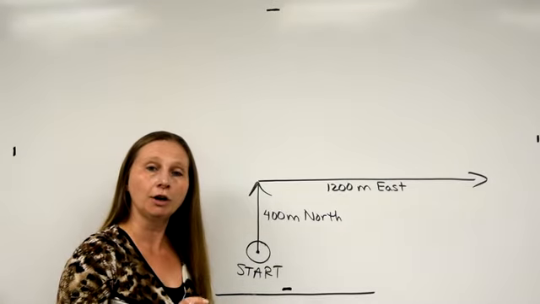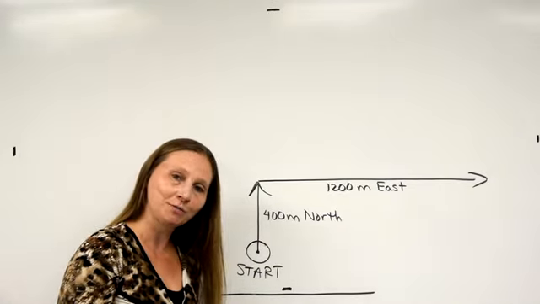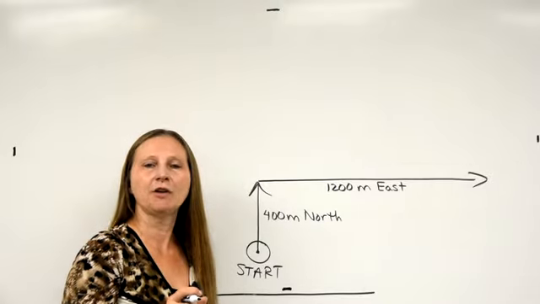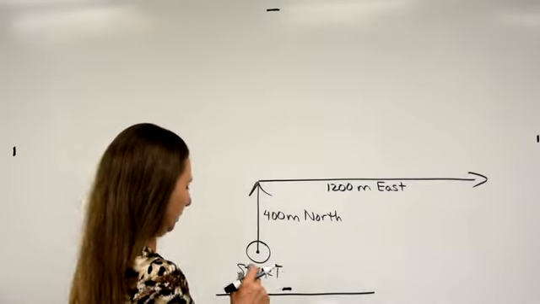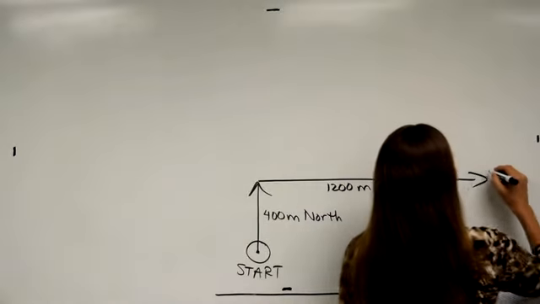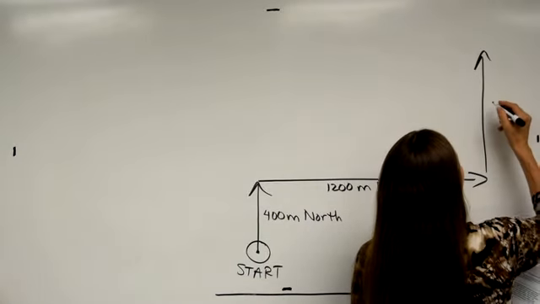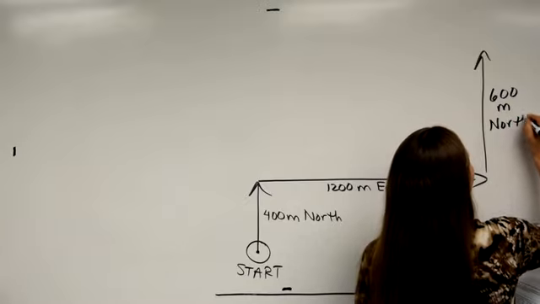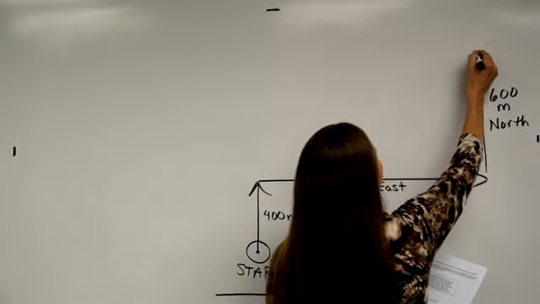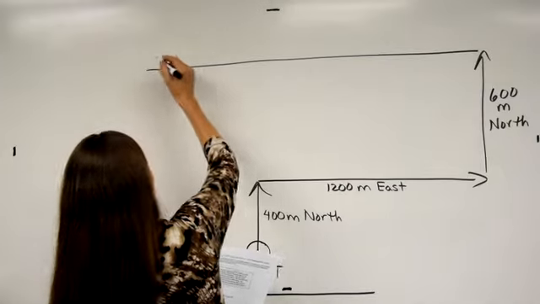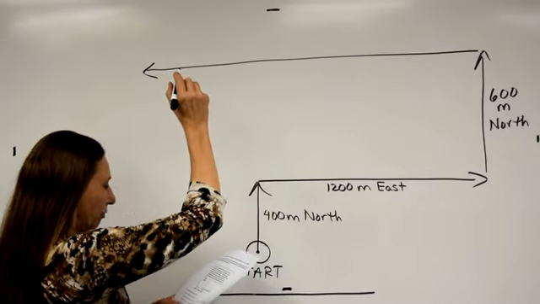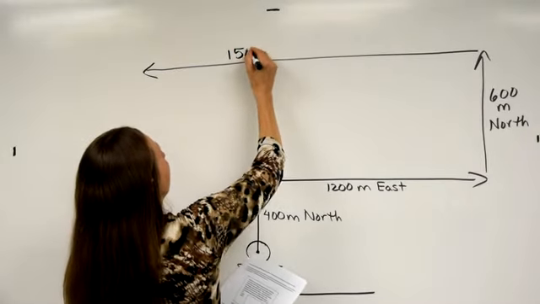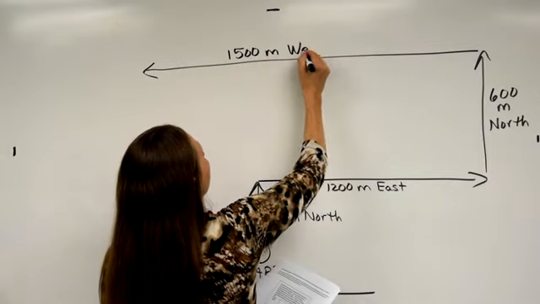So she needs to run a total of how many meters? That's right, 5,000 meters. So next, she heads north again, and she runs 600 meters north. She turns west and runs 1,500 meters west.